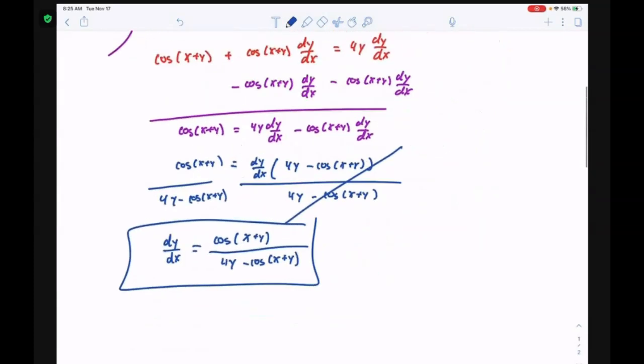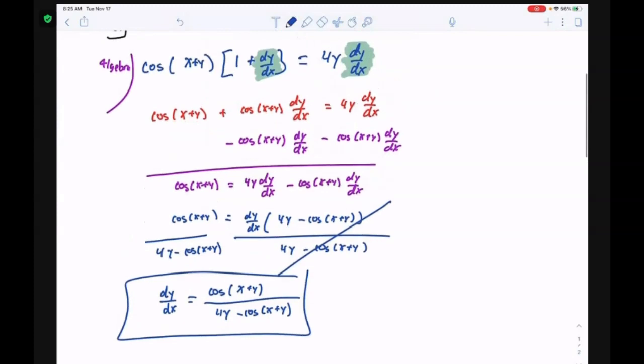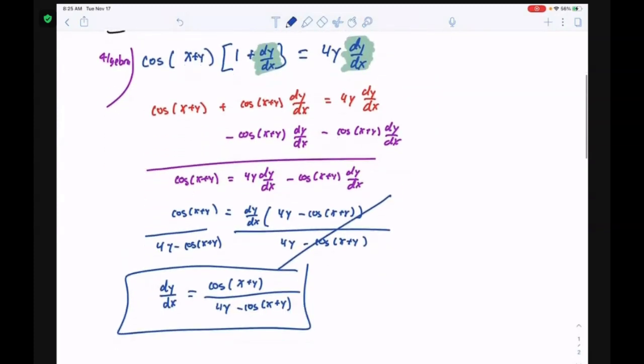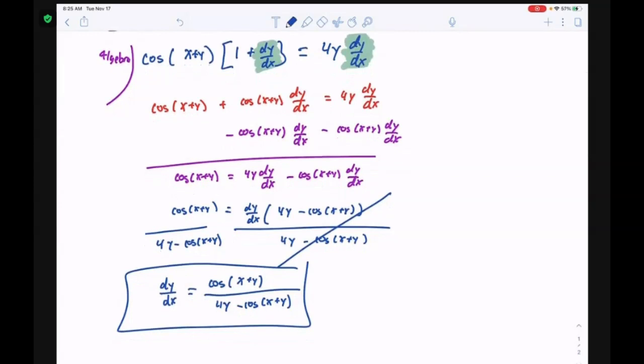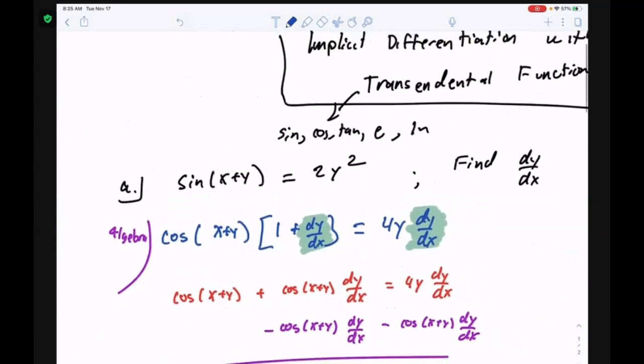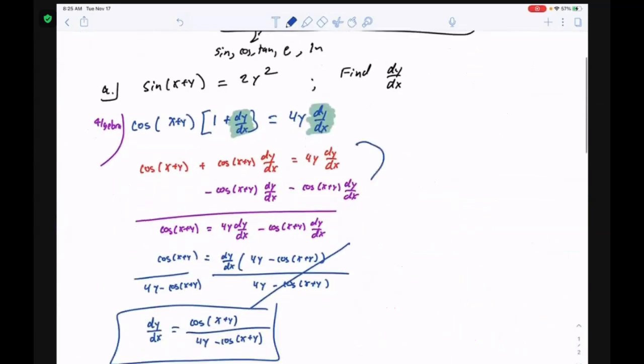So really, the only difference in this problem was that there was a sign in the beginning of the problem. Everything else after that, once you get to this first step after you've done the implicit differentiation, I want to note that all of this is just algebra.